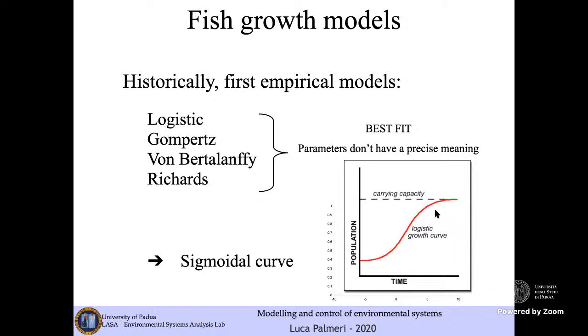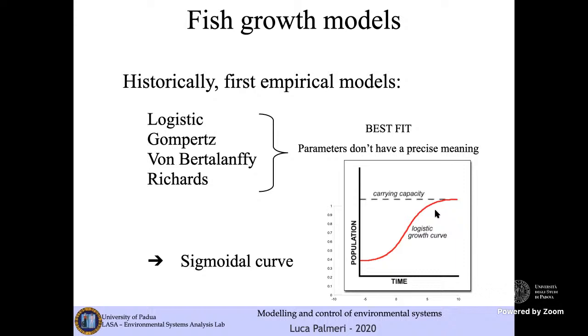But the idea is that we introduce some kind of mathematical description in terms of differential equations or a mathematical model, or we introduce the characteristics of the system as we have discussed in the latest lectures. And we simply look for a best fit.